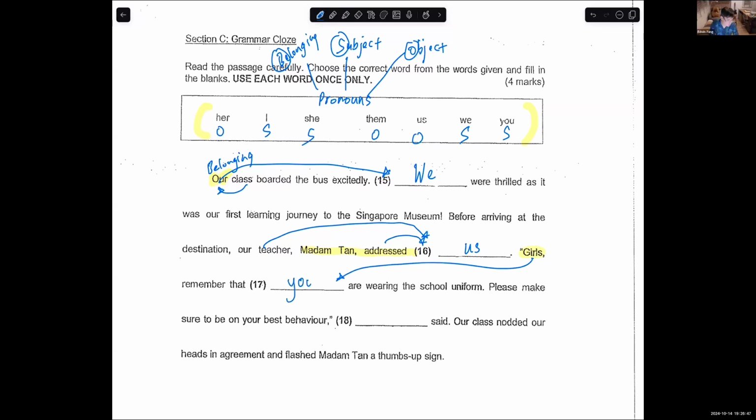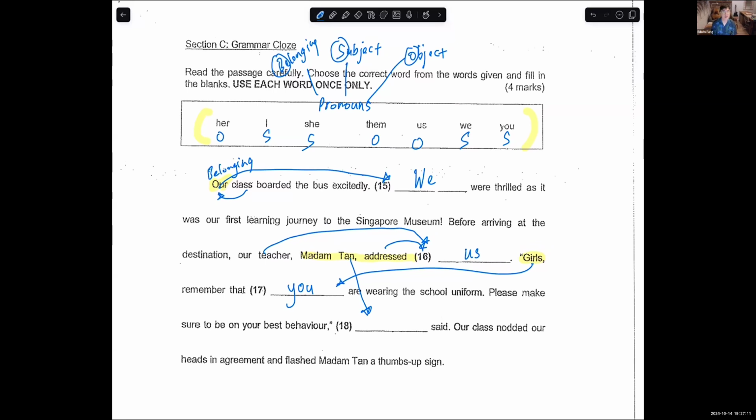Andrea? You are wearing. You are wearing. So you are wearing, meaning the subject pronoun you is functioning here. You are wearing the school uniform. The teacher is speaking to the students and she's referring to them as you. And lastly, please make sure to be on your best behavior. Who said, right? So in this case is Madam Tan, right? So which is the pronoun I should use?